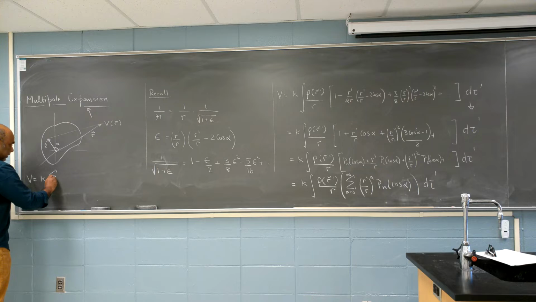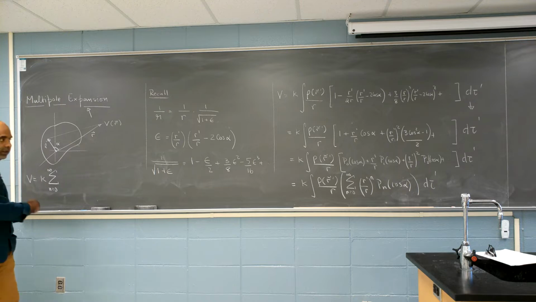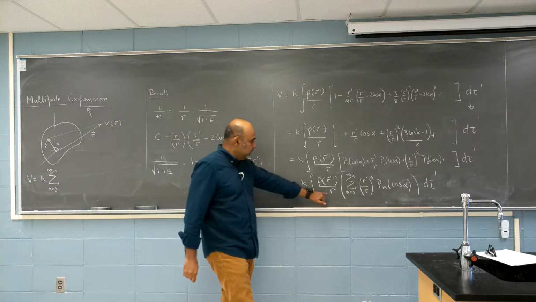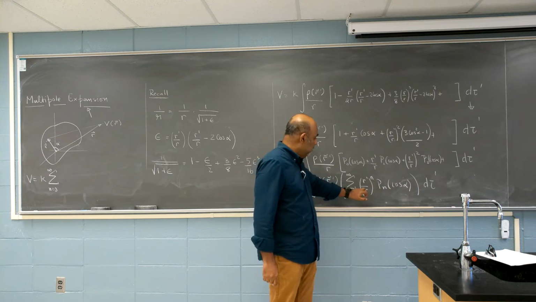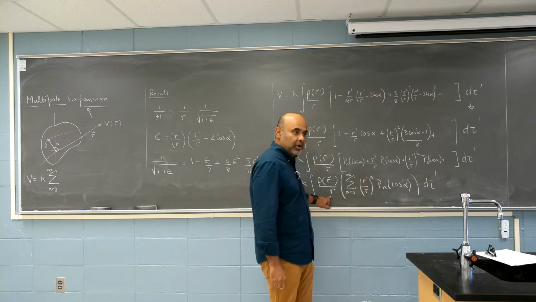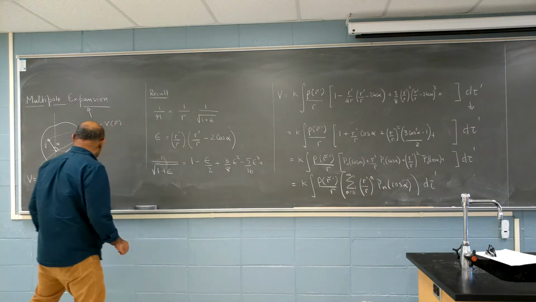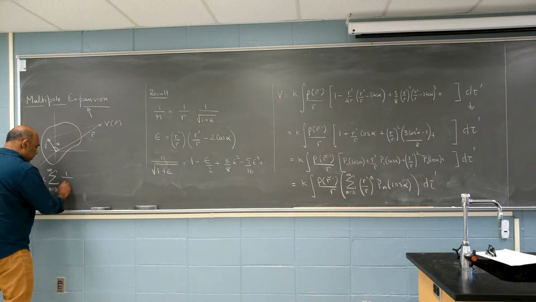We are, at the end of the day, teaching physics. So I'll factor out the r's because these terms do not get integrated. But this is r to the n. There's an extra r over here. So 1 over r to the n plus 1.